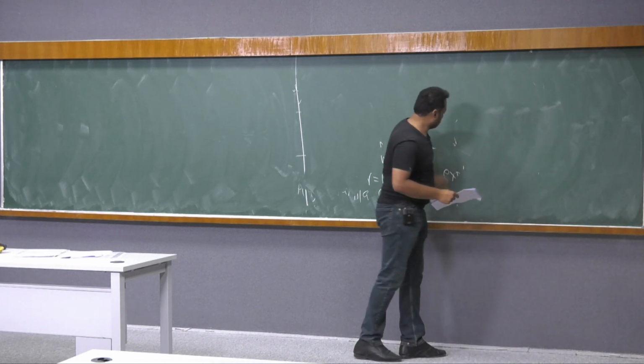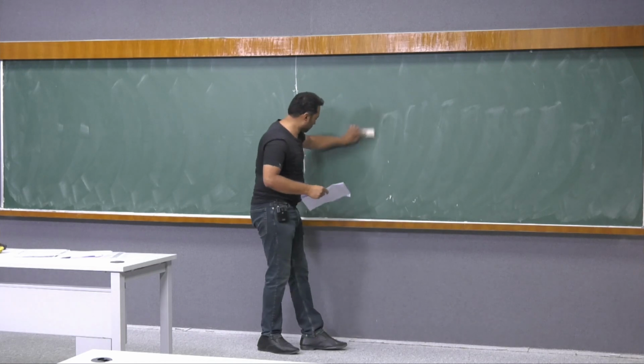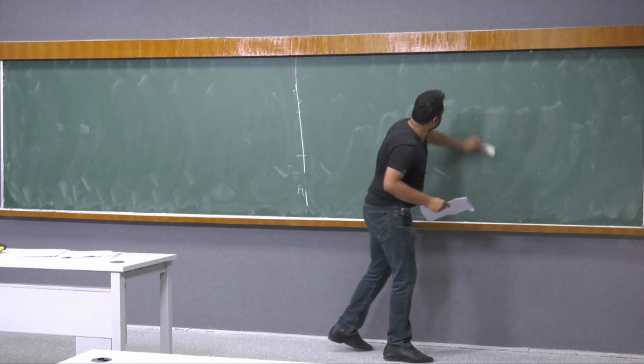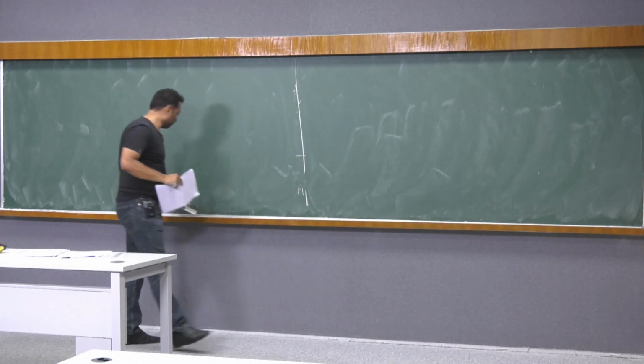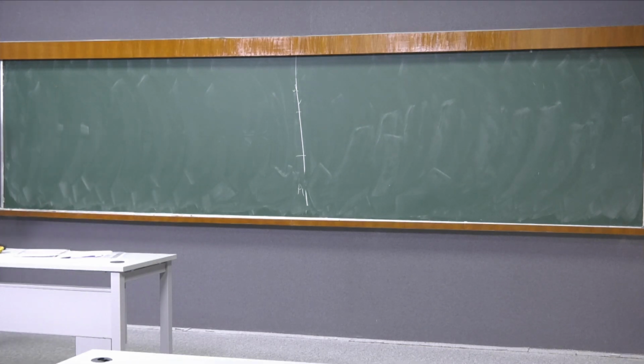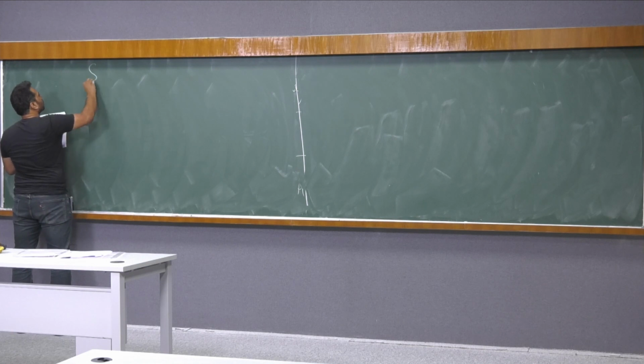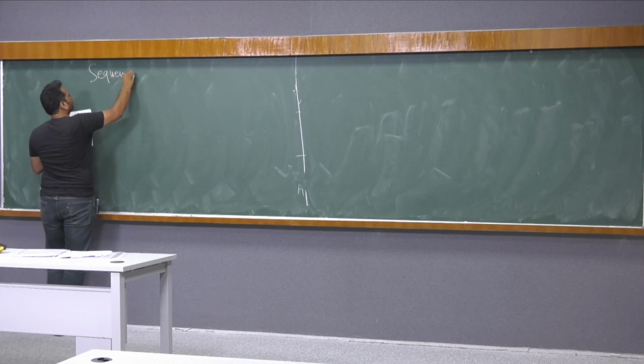Next word predictions, next token predictions, and these are quite powerful. The next 4 lectures, including today, we will get into this, but we will start with something basic, which is sequence models.